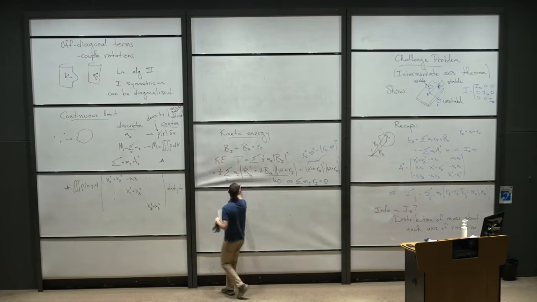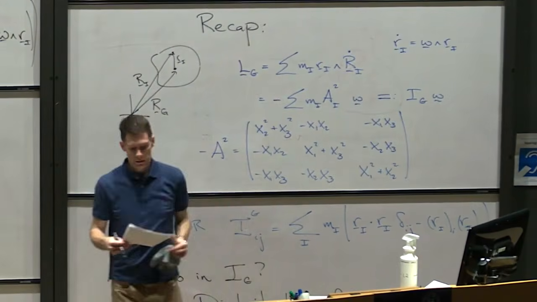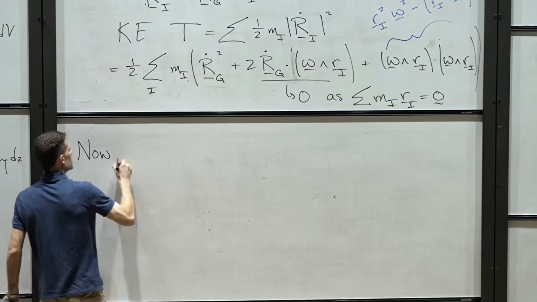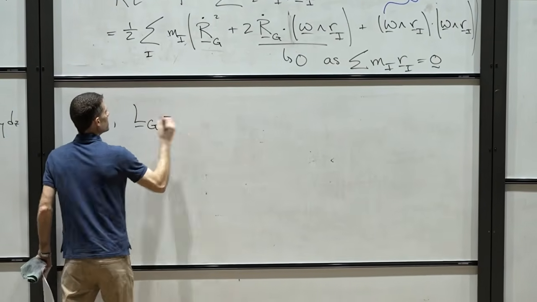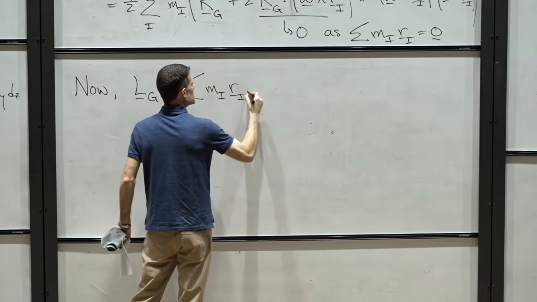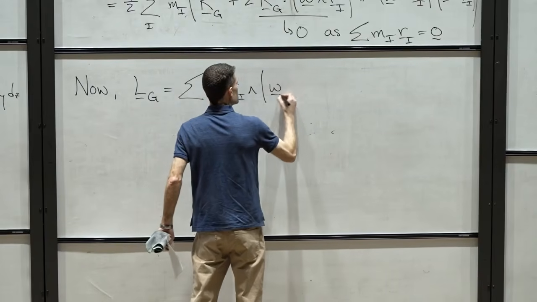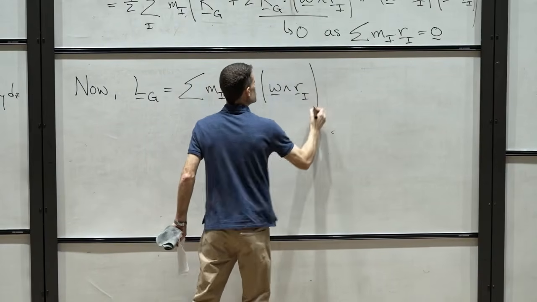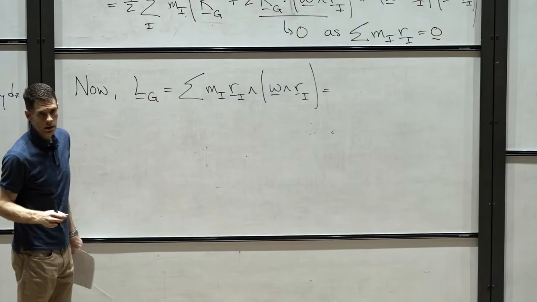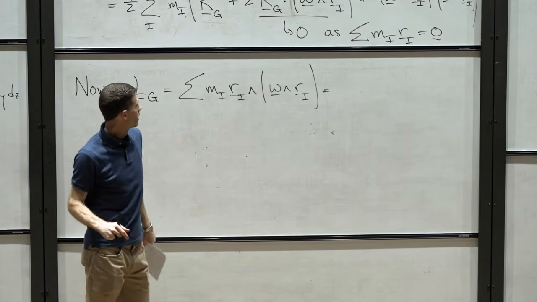if we recall, we play around with this definition a little bit. So recall L_g is our sum m_i r_i cross omega cross r_i. Somewhere in getting to that form, we had this step written this way.